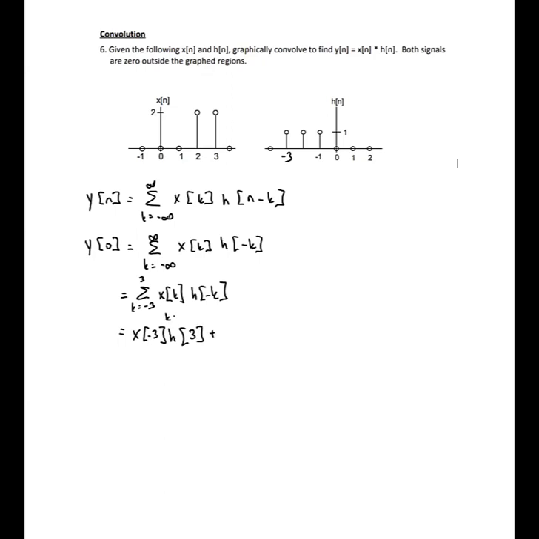So this is what we get when we substitute in k equals -3. And then to that, we're going to substitute in k equals -2. We're going to add it, x of -2, h of 2.